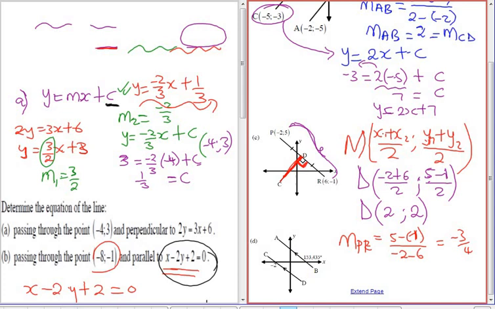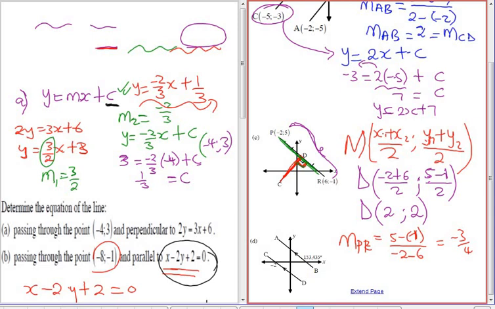Okay, so it's a 6, and then at the bottom it is negative 8. So you can see that it simplifies to negative 3 over 4, isn't it? So if the gradient of PR, this PR that we've got here, is equal to negative 3 over 4, what would then be the gradient of our red CD?